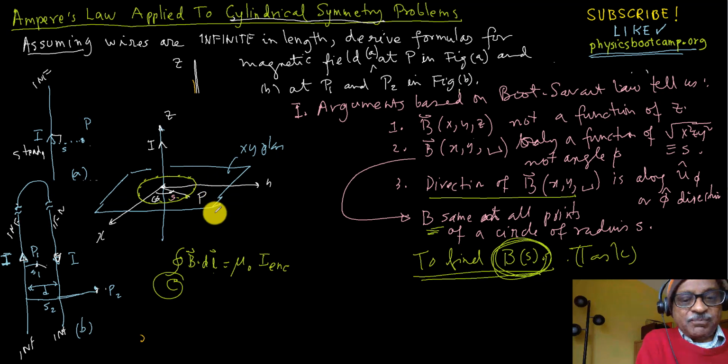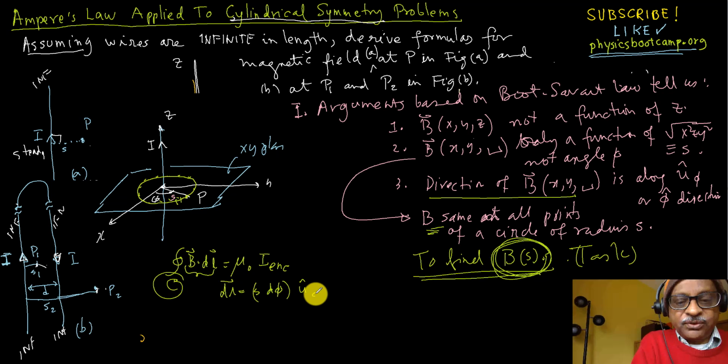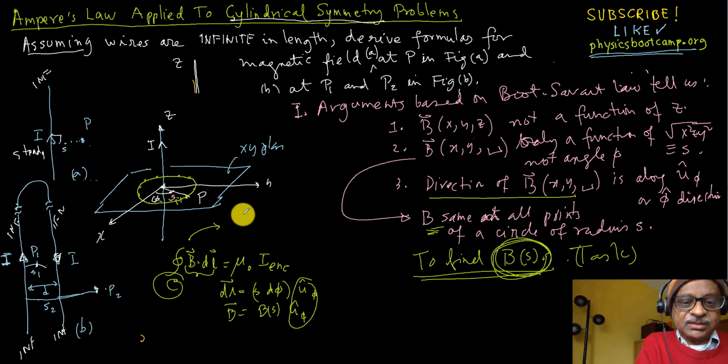And when we do this integral, this dl is s times d phi in the unit vector phi, and B is B at s, it just depends on s, in the u hat phi direction, and they're the same, so the dot product gives me 1.